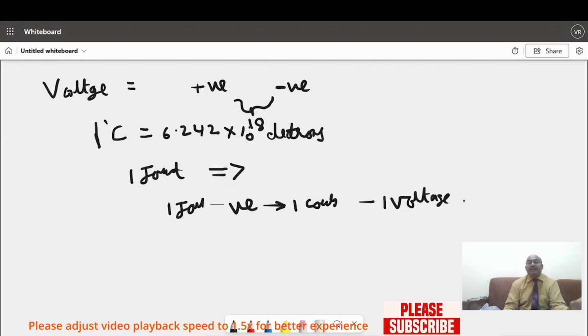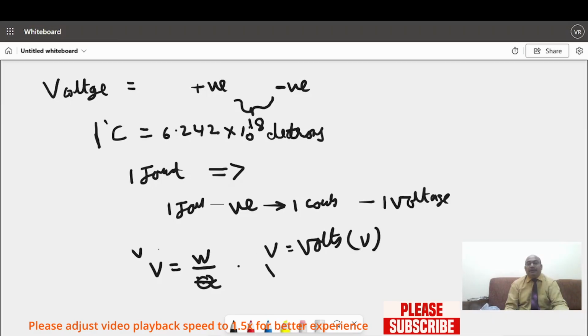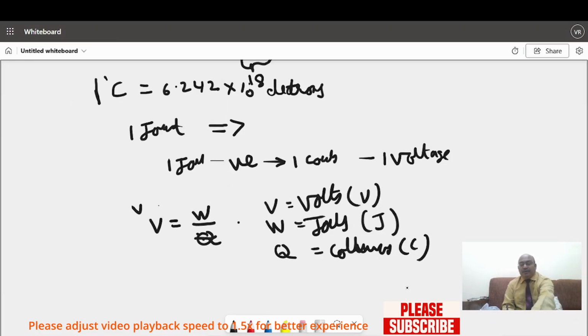Between the 2 points, positive charge and negative charge. So V is equal to W by Q, where V is volts, W is joules, and Q is coulombs. This is regarding voltage.